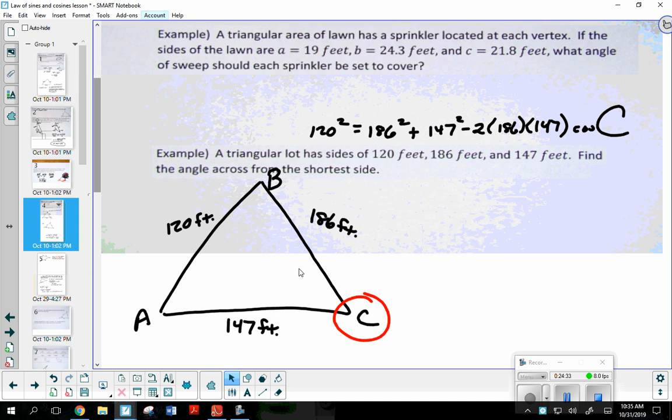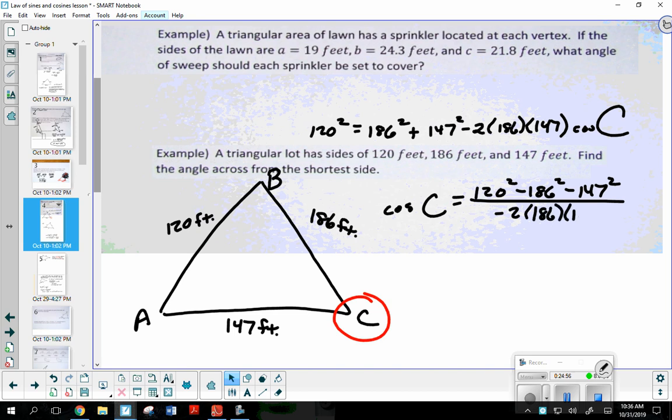Okay, so let's write out cosine of C. What's the numerator? I heard 120 squared minus 186 squared minus 147 squared. What's my denominator? And there we go.